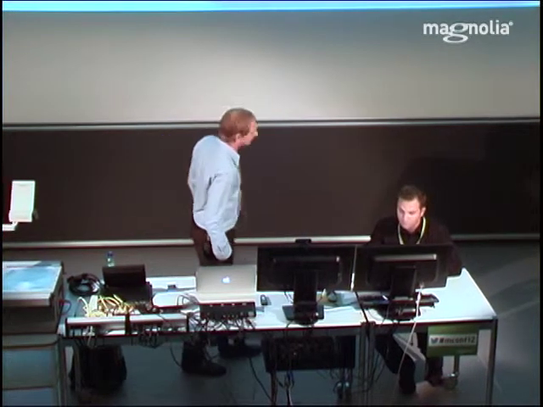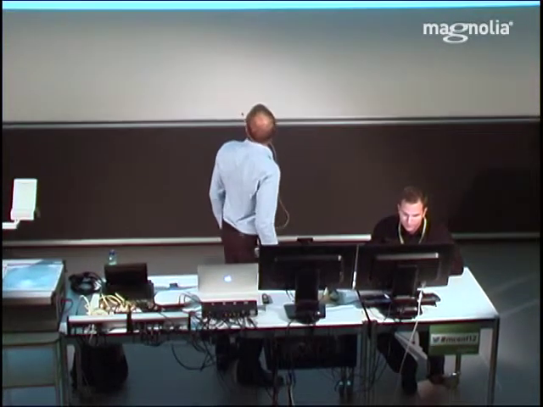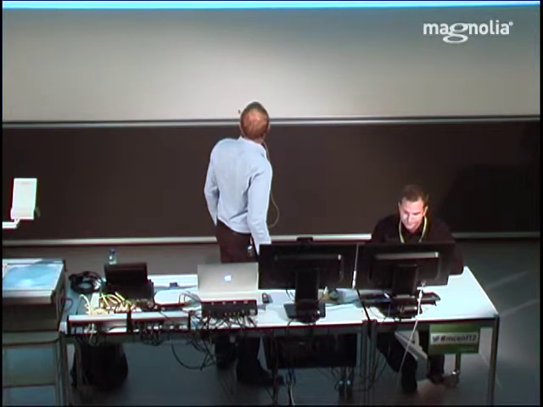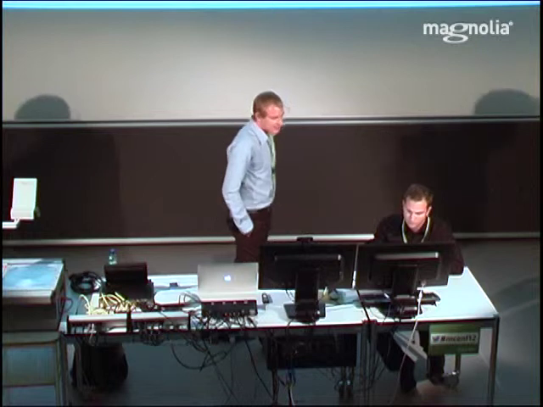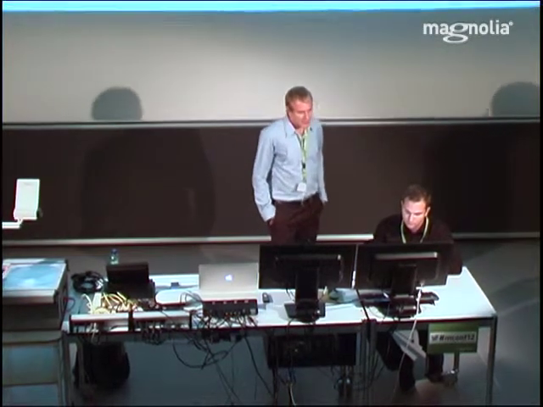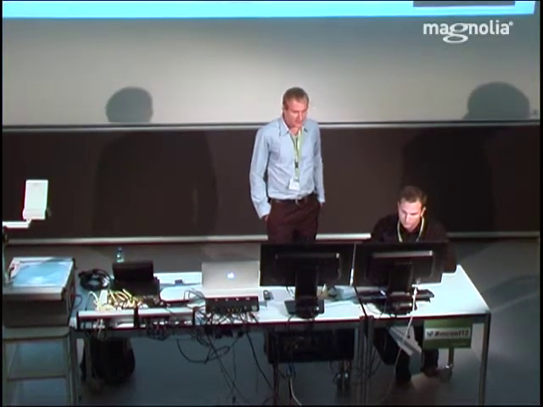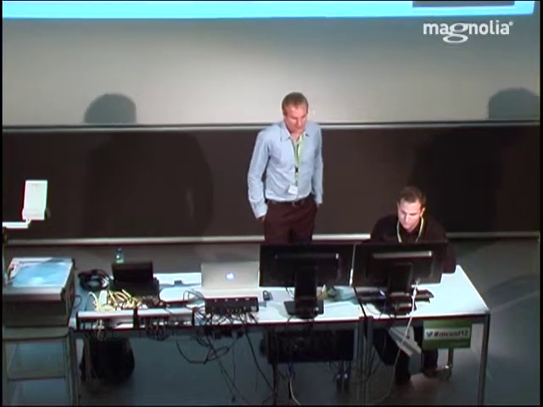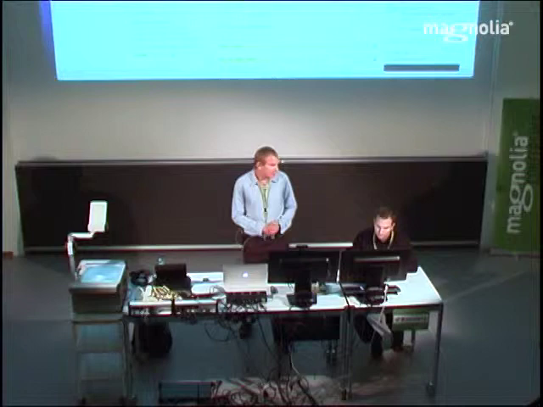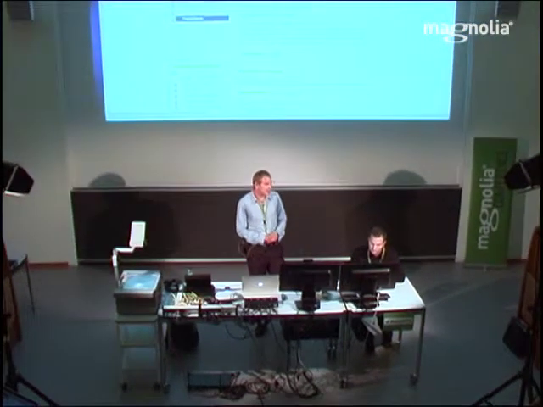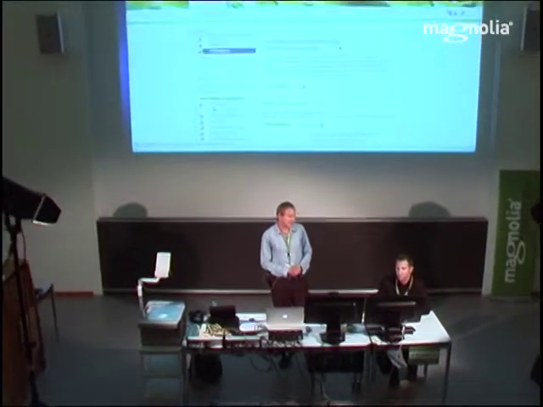Okay, you're already mirrored, I think. So here you see our customer's principal website, the Lebensministerium.at website of the Austrian Ministry of Agriculture. And we've got an area in that website called the Publications area.